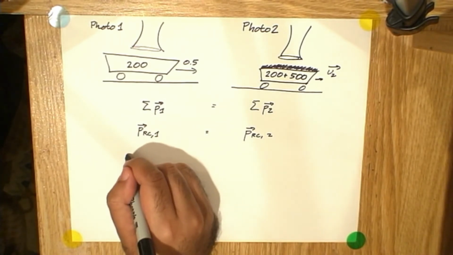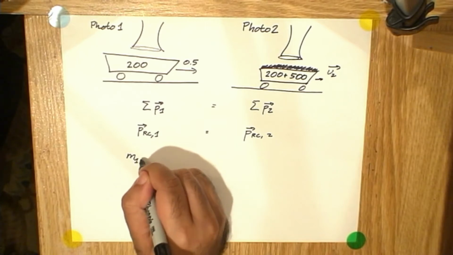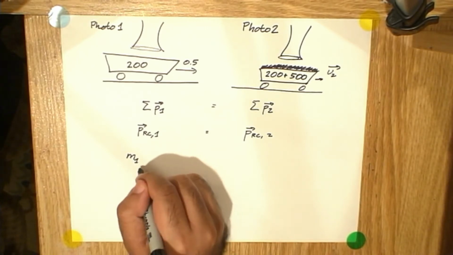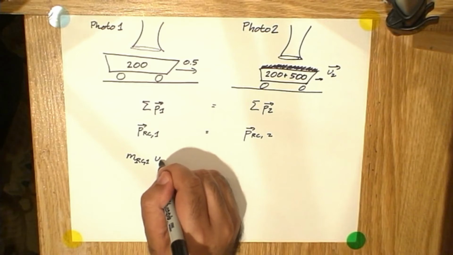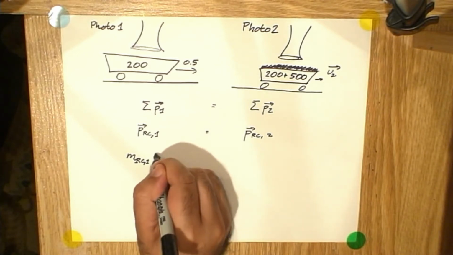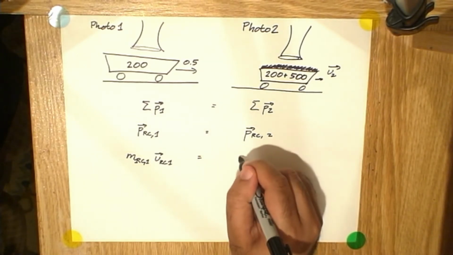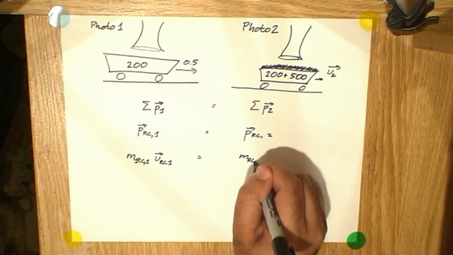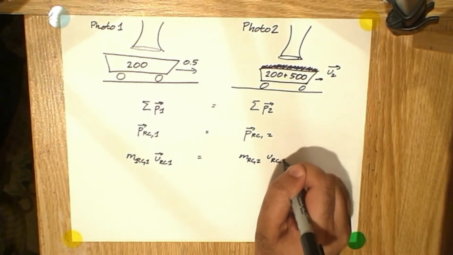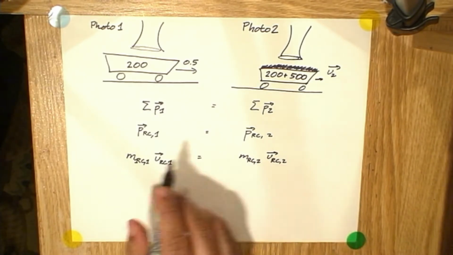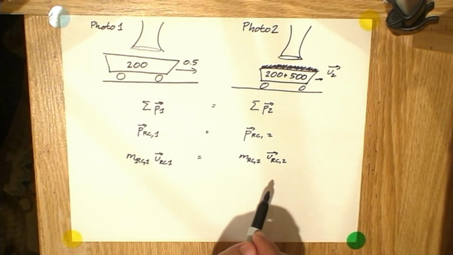Momentum, in turn, is equal to mass times velocity. So the mass of the rail car in photo 1 times the velocity of the rail car in photo 1 must be equal to the mass of the rail car in photo 2 times the velocity of the rail car in photo 2. Now, let's substitute everything that we know.